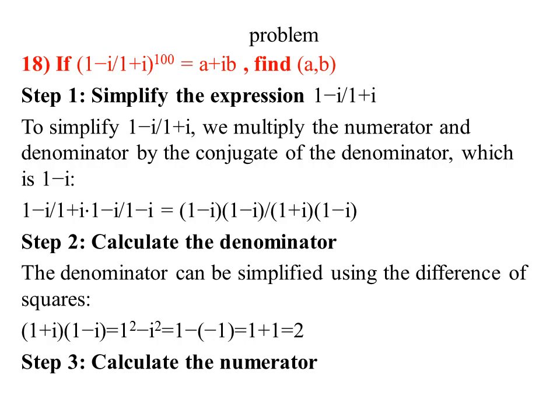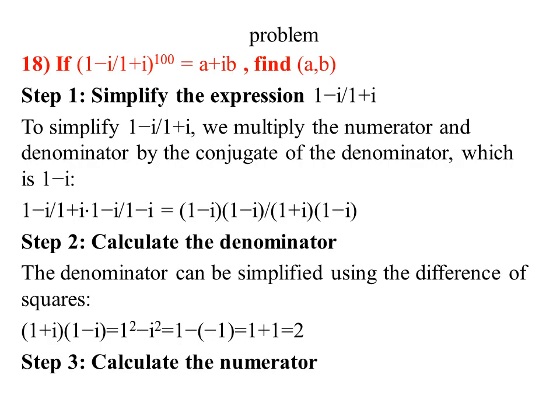To simplify this, we multiply the numerator and denominator by the conjugate of the denominator, which is 1 minus i. Then it becomes (1 minus i) over (1 plus i) into (1 minus i) by (1 minus i), that is equal to (1 minus i) into (1 minus i) over (1 plus i) into (1 minus i).